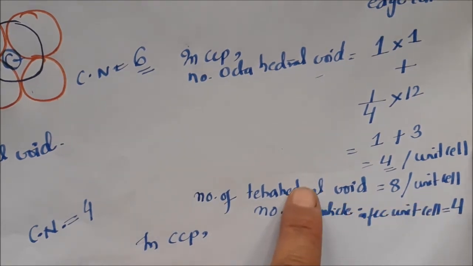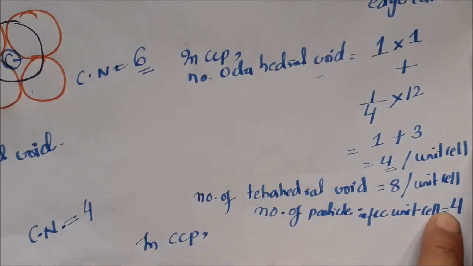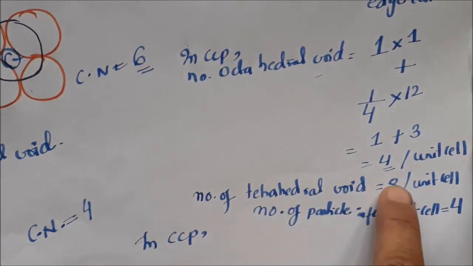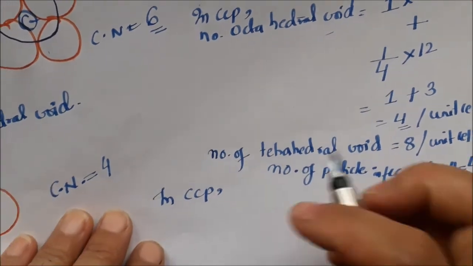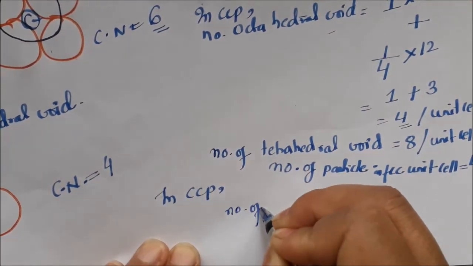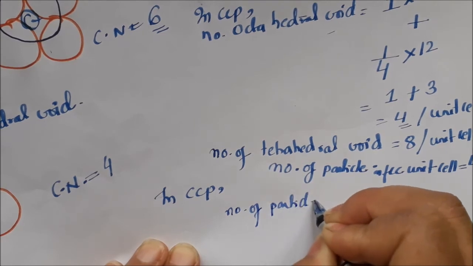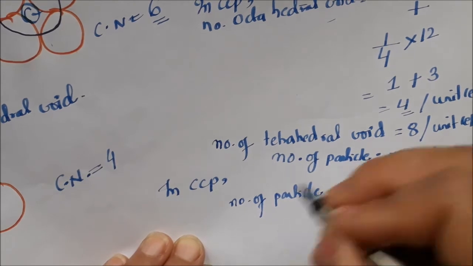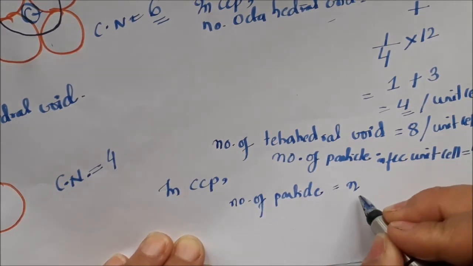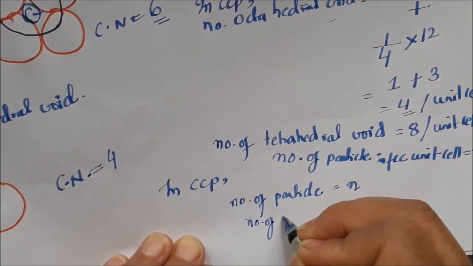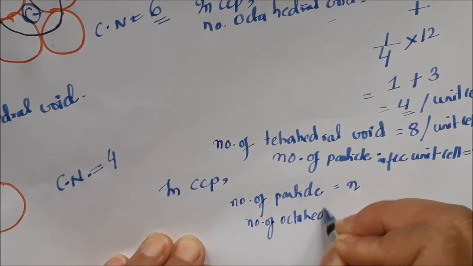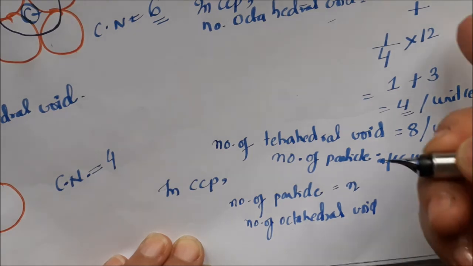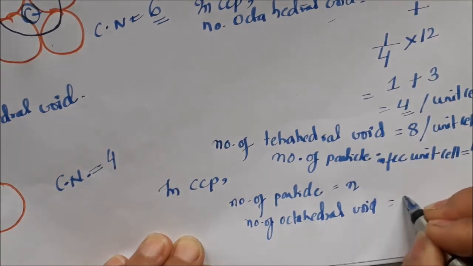So here what is happening, if the number of particles is 4, octahedral voids are 4 and tetrahedral voids are 8. So if the number of particles per unit cell is n, what would be the number of octahedral voids? It was 4 when the number of particles was 4, so that means n.